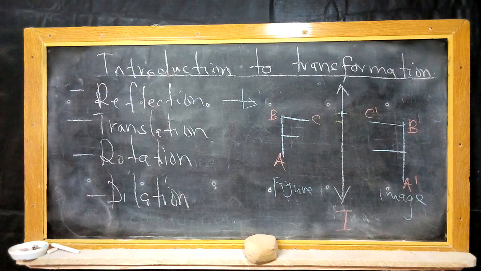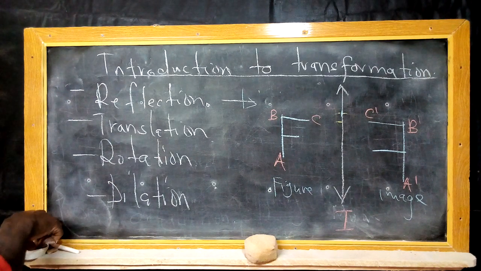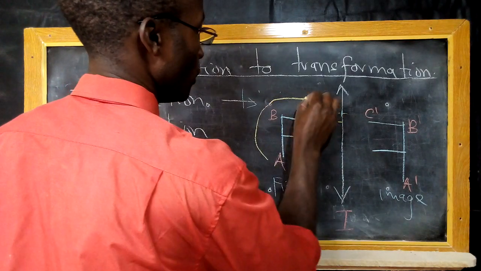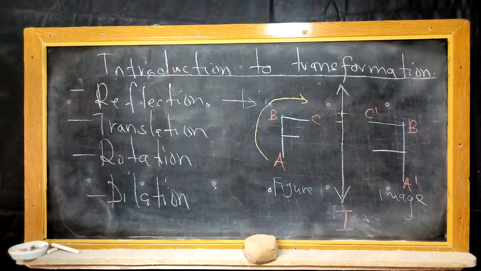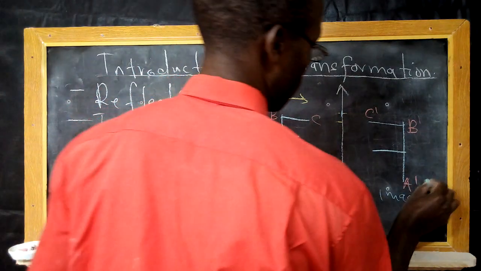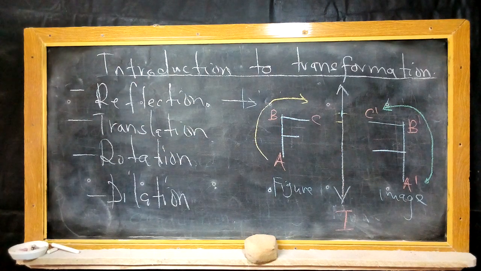Suppose I have a small insect traveling from point A to point C, it will go in that direction. But if I have another insect traveling from point A to C on the image, it will go in that direction.